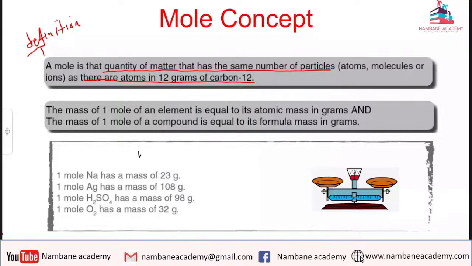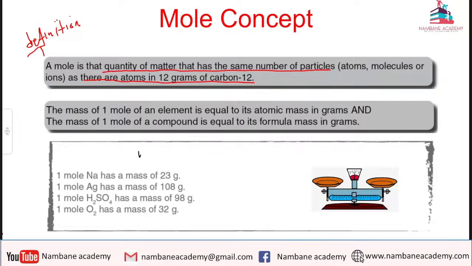What does this mean? This means if I have 1 mole, the mass of 1 mole of an element is equal to its atomic mass in grams. So when I look into my periodic table, if I have 1 mole of sodium, it will have 23 grams of mass.